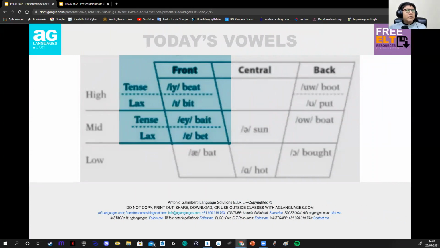Okay, going back to the vowel quadrilateral. This is what we have. We need to know where we position our tongue. The tongue is the principal articulator when it comes to producing vowels. Let me see if I can share this. One second. I just want to share an image with you guys.